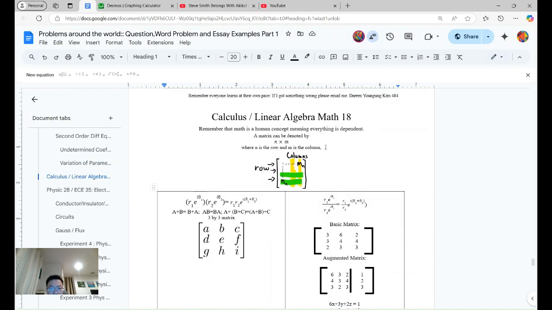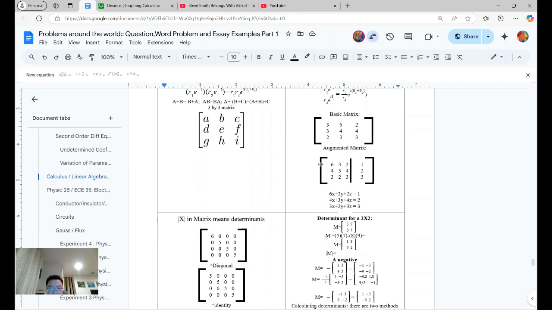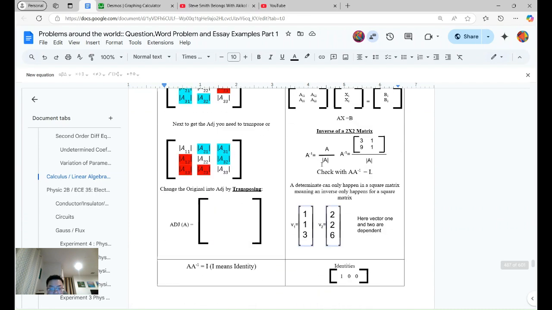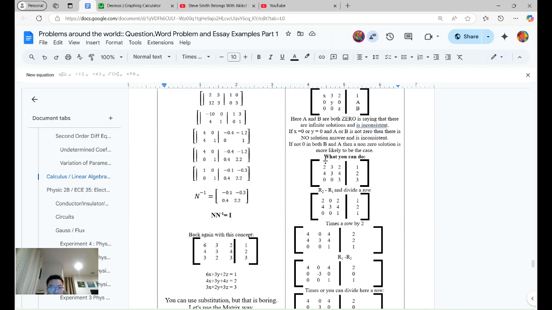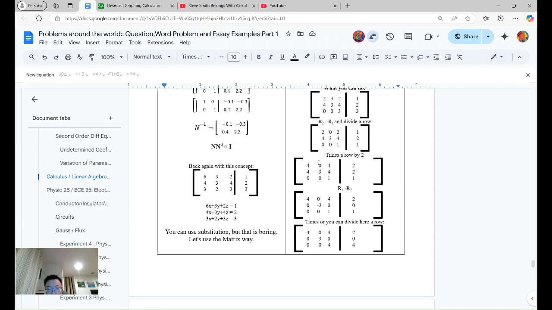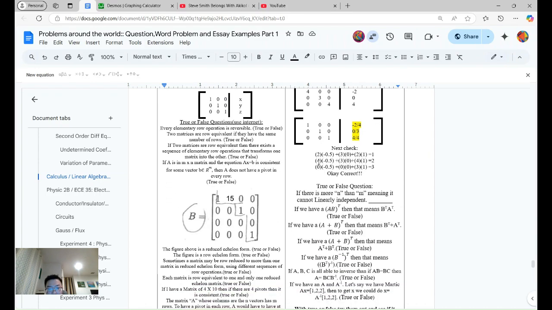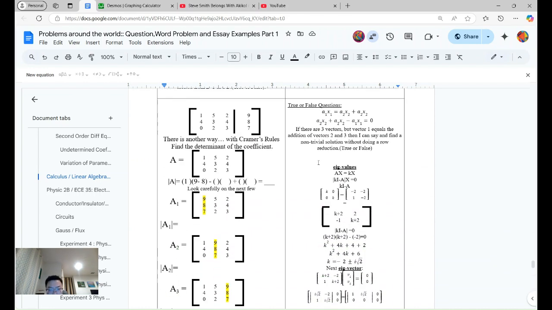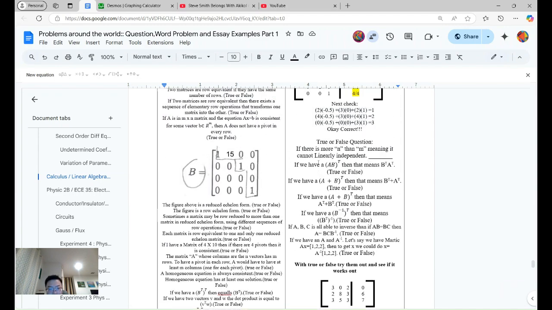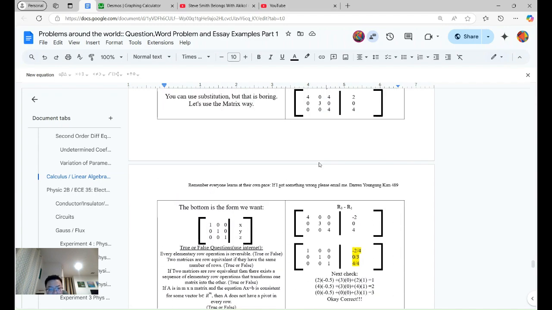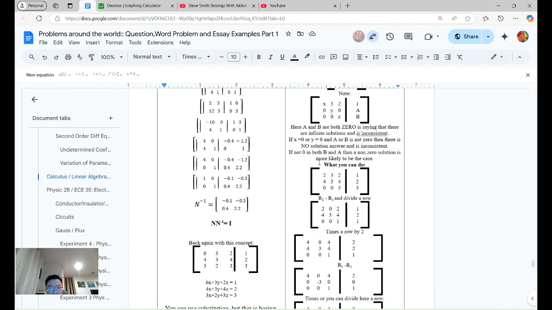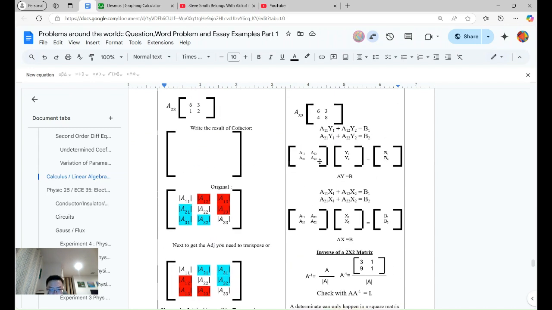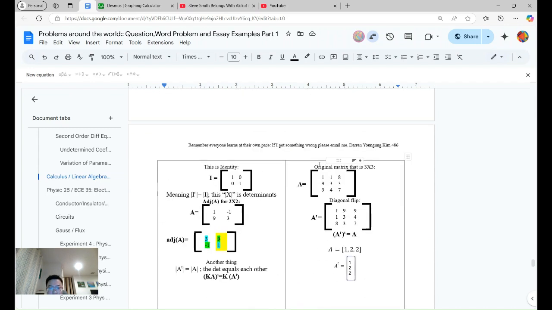Oh yeah, and another thing I'll say is that linear algebra absolutely sucks to do. This is why linear algebra is the old format, which is the worst format ever, because I need to go to Overleaf and type all the matrices. I don't like the matrix in Google Docs. The thing about linear algebra that I don't like is that it's a lot of true or false questions. In physics, there's not a lot you can do with true or false. There's not a lot in other math classes either. Only in linear algebra do you do a lot of true or false because it's just a matter of fact.